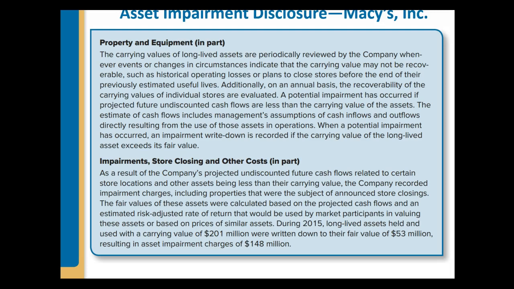During 2015, long-lived assets held and used with a carrying value of $201 million were written down to their fair values of $53 million, resulting in an asset impairment charge of $148 million.